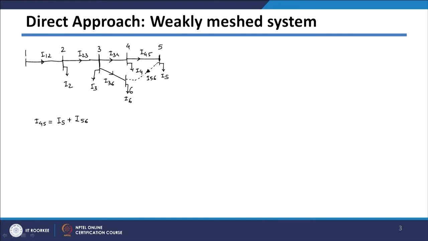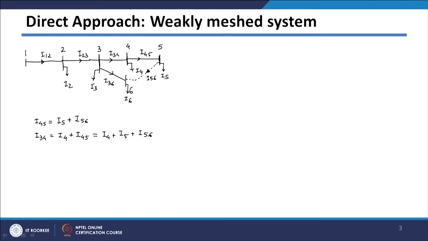Applying KCL at node number 4, the current I34 approaching the node will be equal to the current I4 plus I45, and I45 we already got here, which is I5 plus I56.